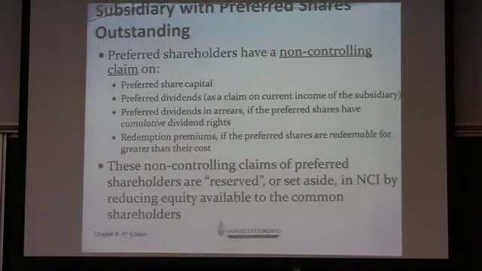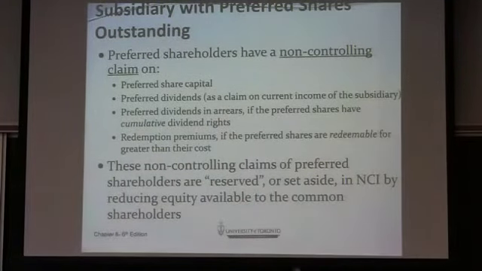So these non-controlling claims of preferred shareholders are reserved or set aside in non-controlling interest by reducing the equity available to common shares. Normally in the mock exercises that we've seen so far, the parent has a controlling ownership, and normally control is through common shares, and oftentimes these subsidiaries have just one type of shares.